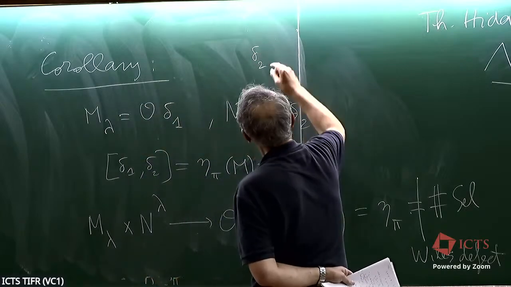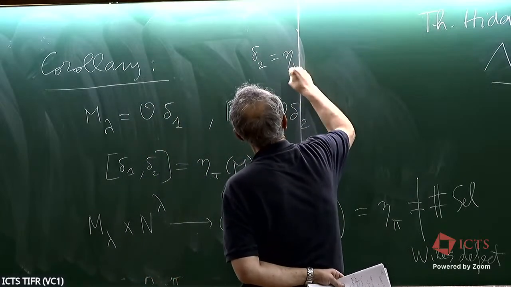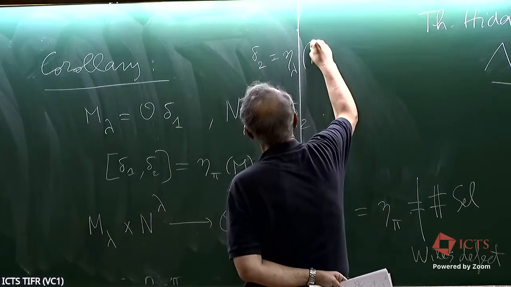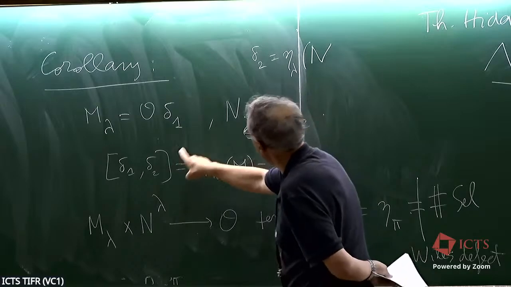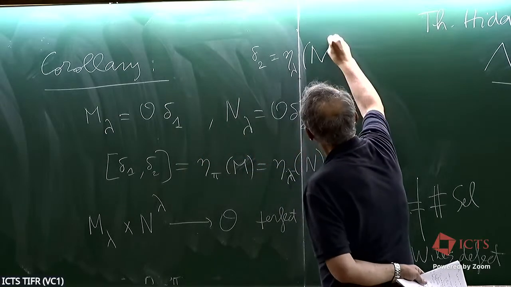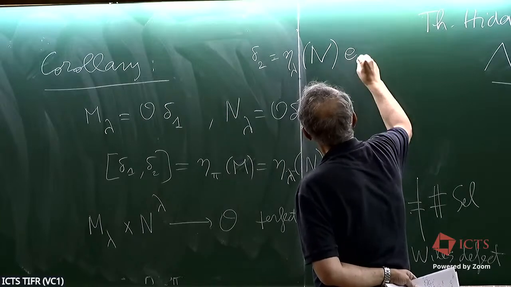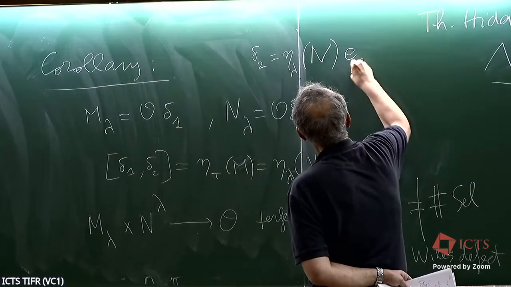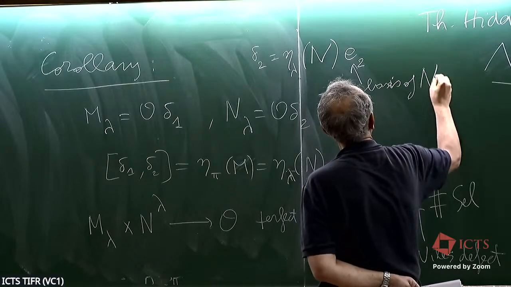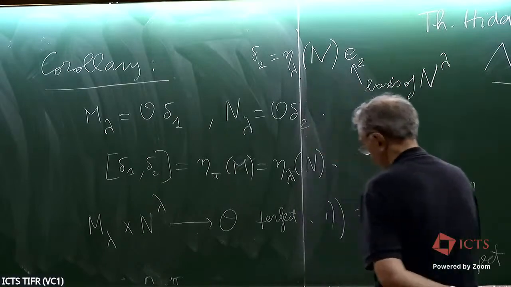By definition, δ2 is η_Λ of N times a basis E2 of N^Λ.